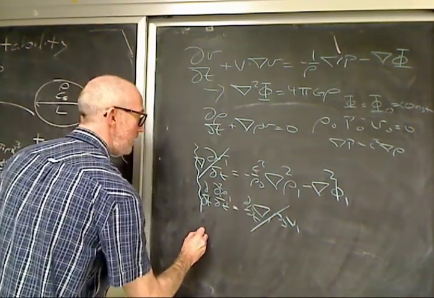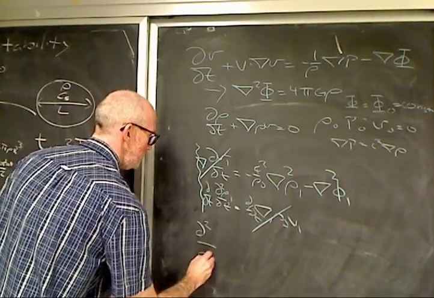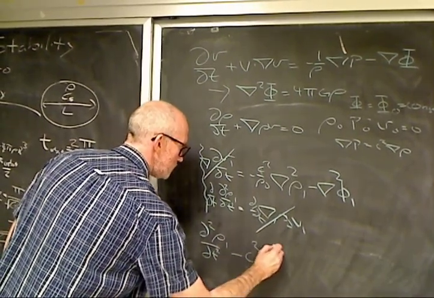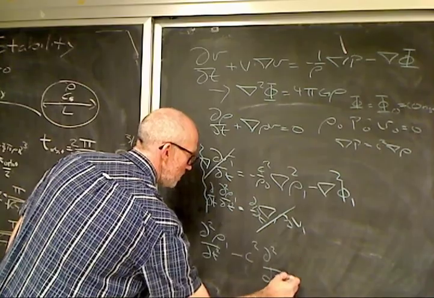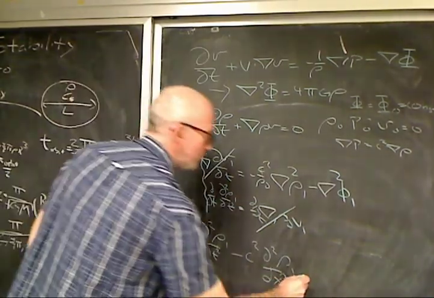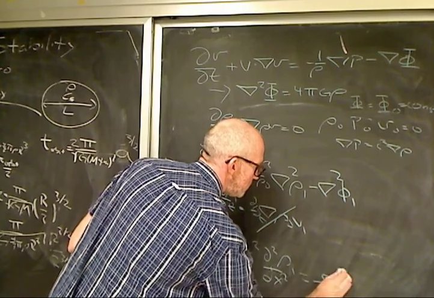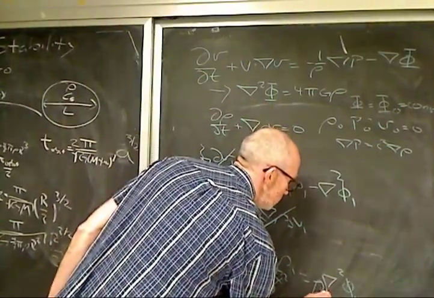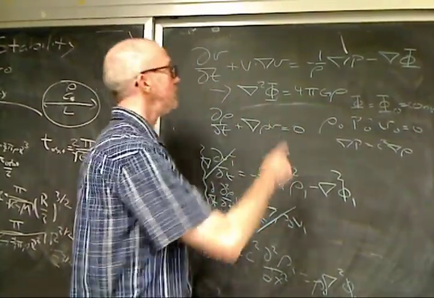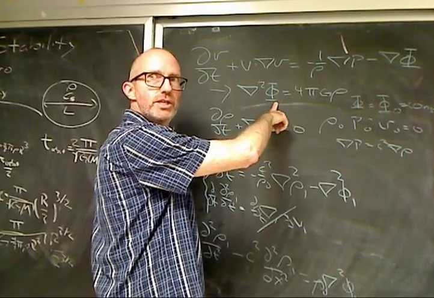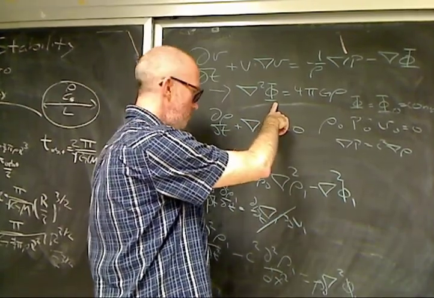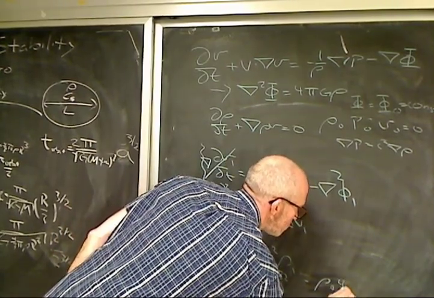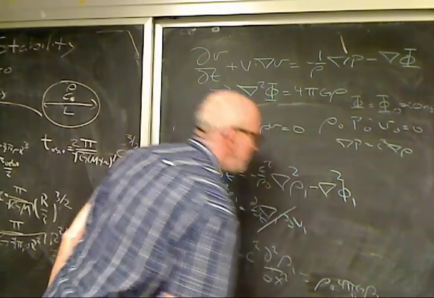And then I add, and I'm left with d squared dt squared of rho 1 minus c squared of d squared dx squared rho 1, that's just the nabla again, equals minus del squared phi 1, times rho naught. What is del squared phi 1? It's 4 pi g rho 1. Cool. Equals rho naught times 4 pi g rho 1.